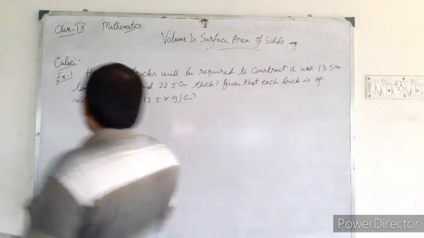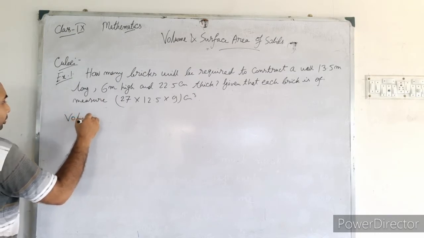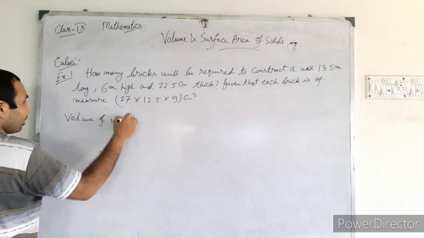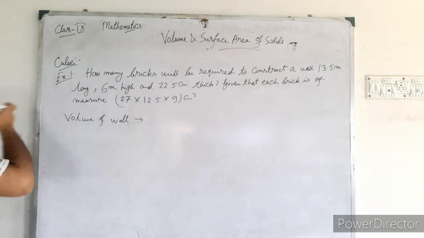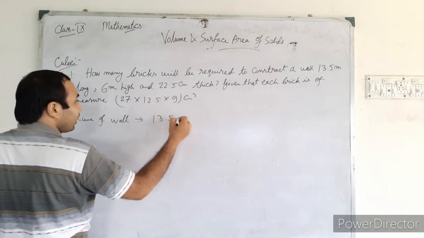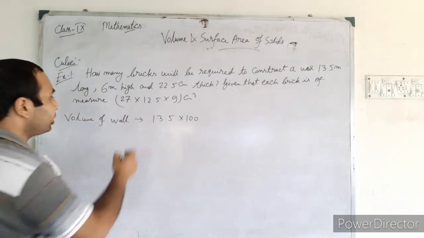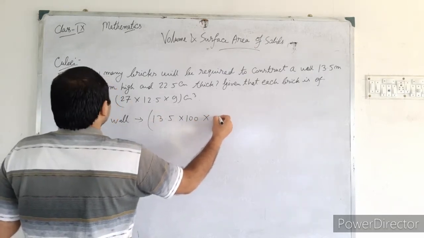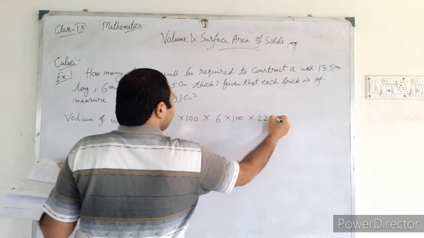So first of all, let us find the volume of the wall. Volume of the wall, from the formula you know, is length into breadth into height. So here it will be 13.5 into 100, because we have to change into centimeter, into 6 into 100 into 22.5.